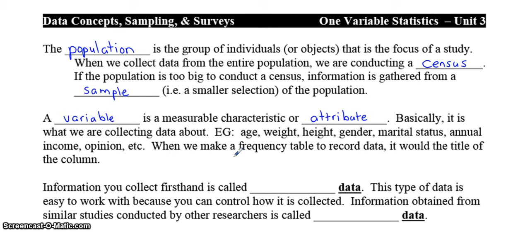When we make a frequency table to record data, it would be the title of the first column. The second column generally would have the frequencies, and the first column would have the variable.